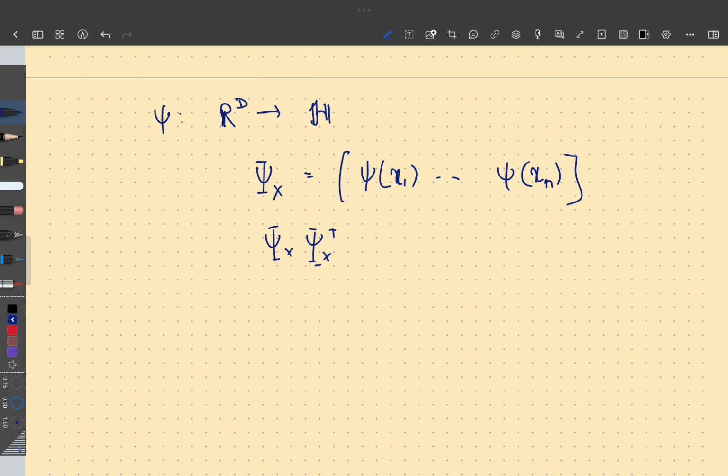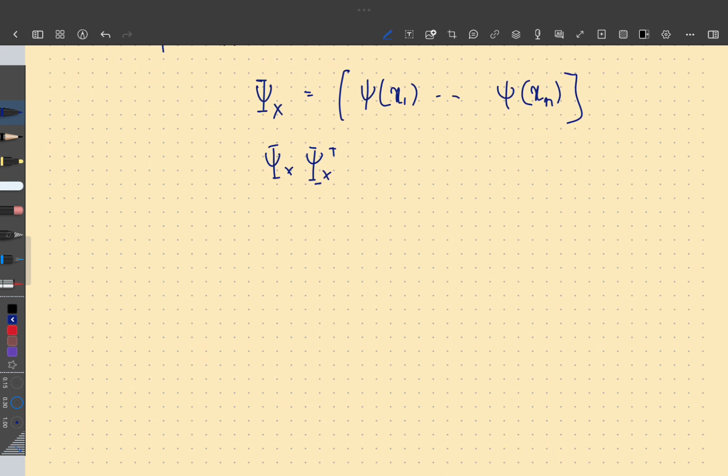If I wanted to do PCA over this in the Hilbert space H rather than R^d, then basically I would have to construct psi x transpose and then find the top D eigenvectors corresponding to this. But that's highly complicated because I would need to compute the embedding of all of the points first, which could be computationally complex, and if I don't have the explicit form of psi, then I can't really do it at all, right?